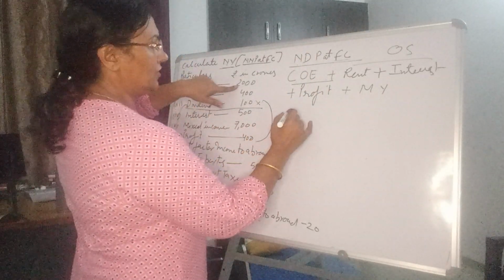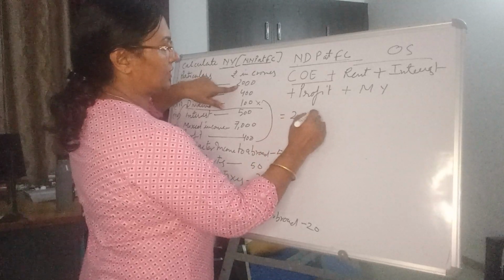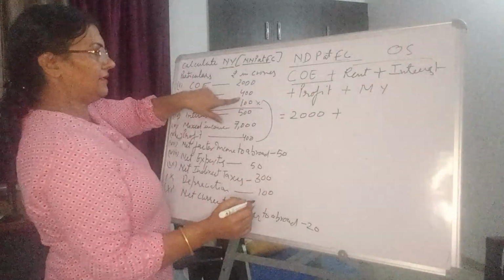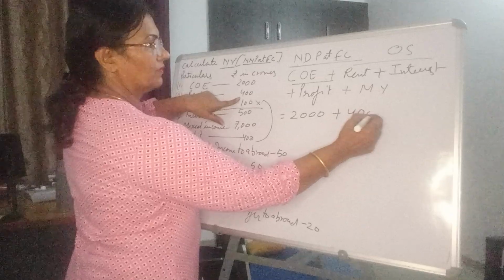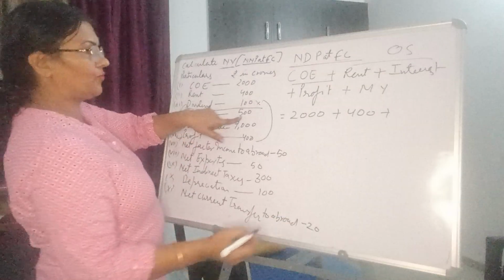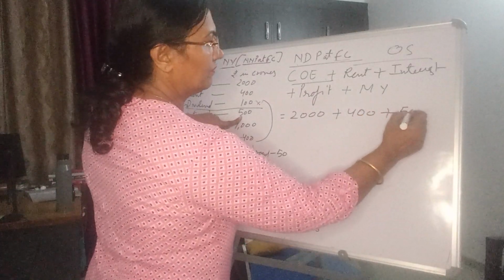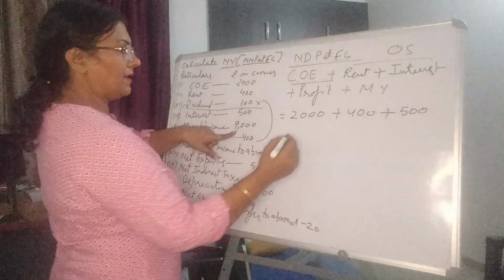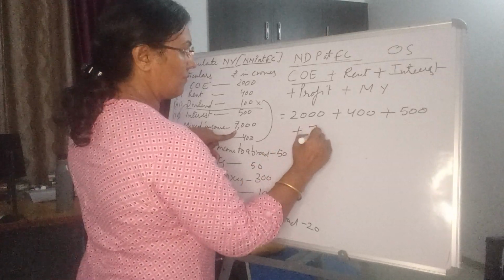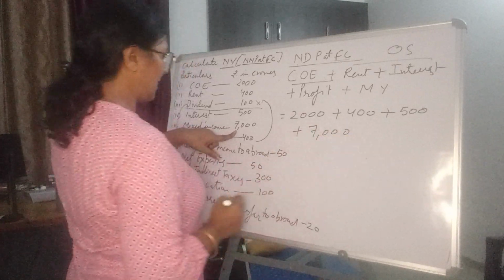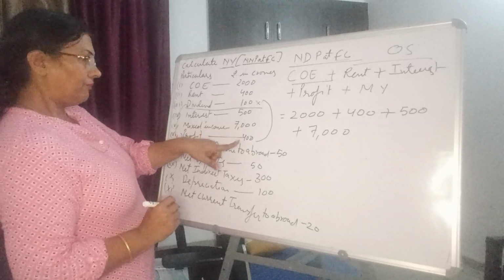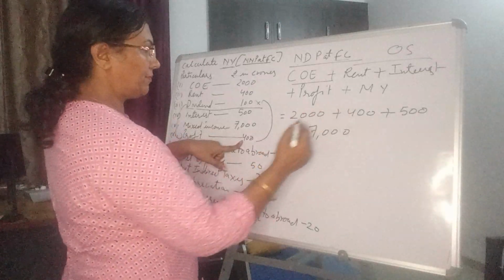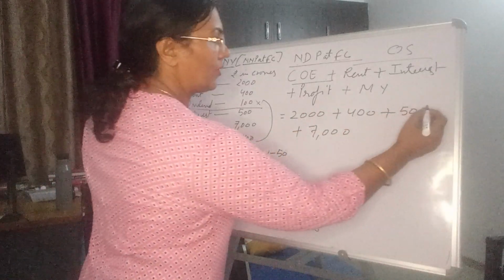Let's start. This is equal to COE 2000 plus rent 400 plus interest 500, and plus mixed income of self-employed 7,000. Plus profit, which is also given as 400.